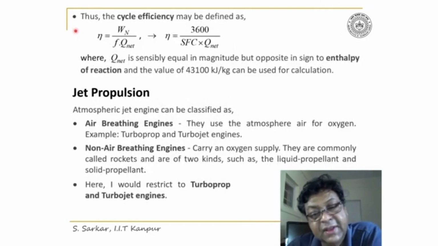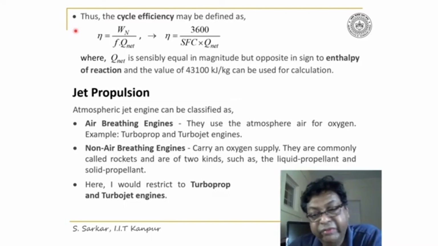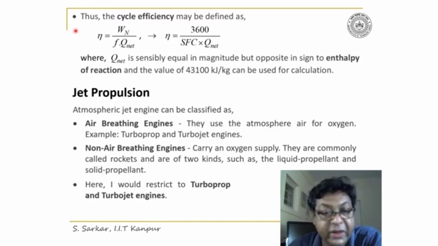Thus, the cycle efficiency may be defined as eta equals Wn divided by F into Q net, where Wn is the specific power output, F is the fuel air ratio, and Q net is sensibly equal in magnitude but opposite in sign to the enthalpy of reaction.